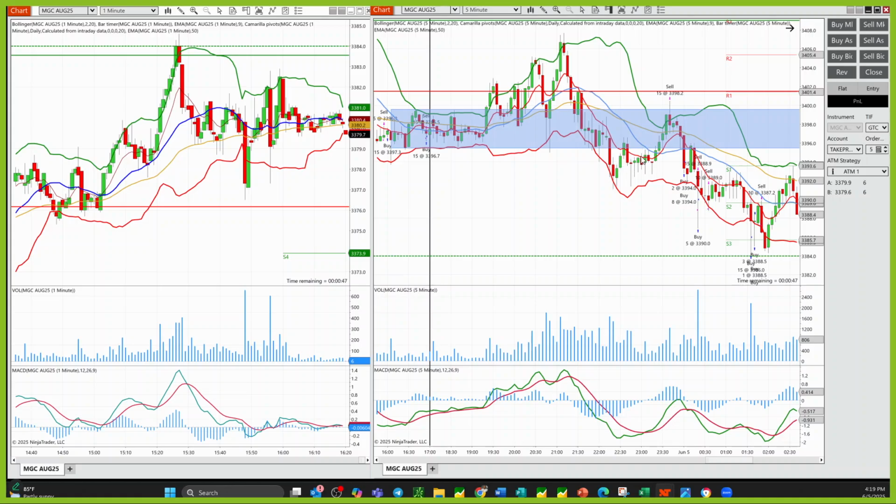But you could see we went up, and as we were rejecting the top of this channel, which was resistance here, I'm like, look, we're rejecting it, so I'm going to go ahead and get short. And if it doesn't work, I can get bailed out real quick.